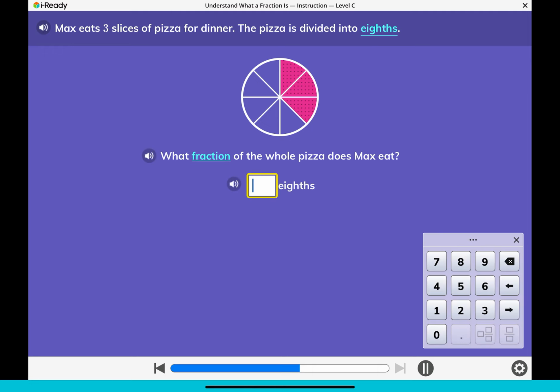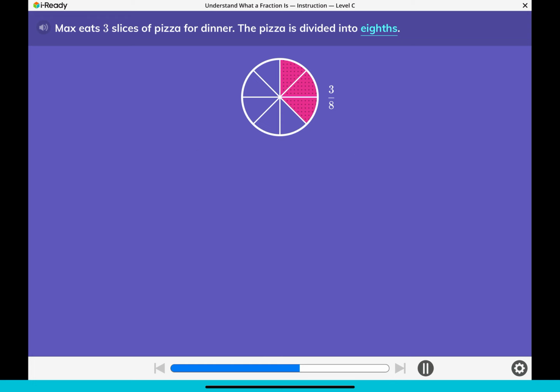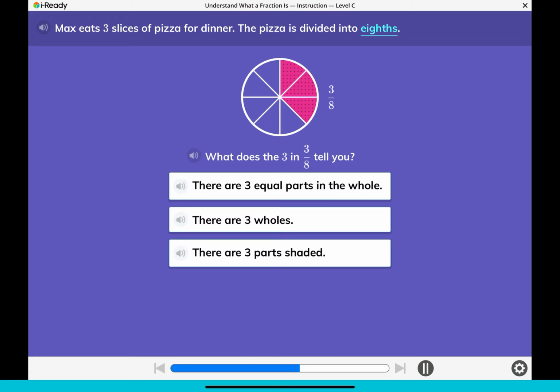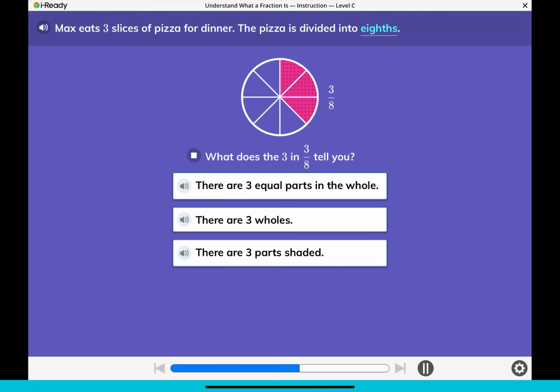What does the 8 in 3/8 tell you? What does the 3 in 3/8 tell you?